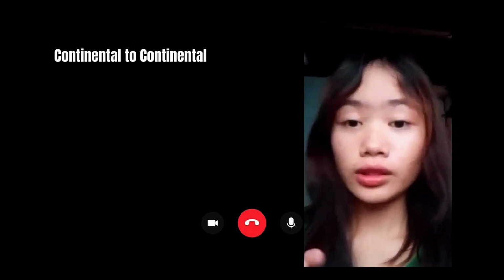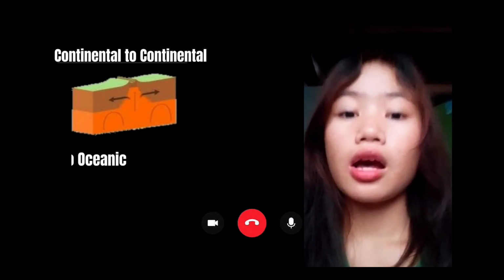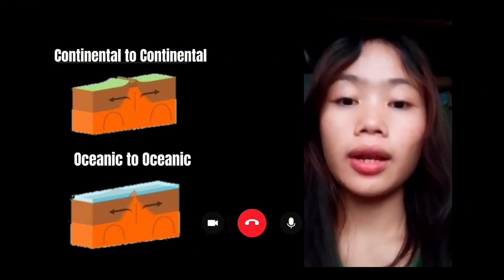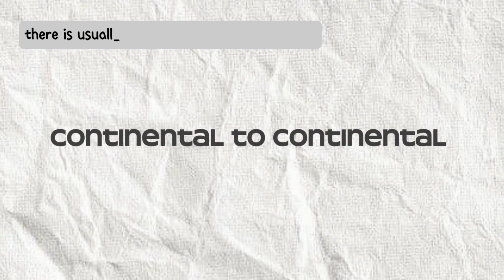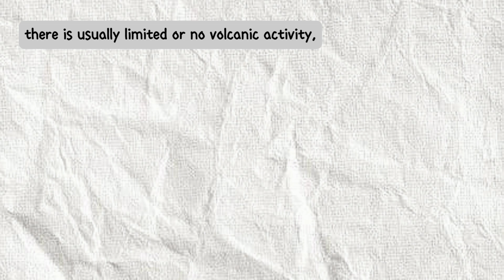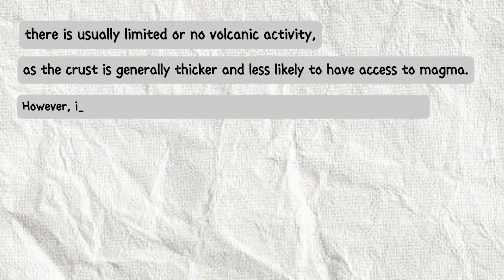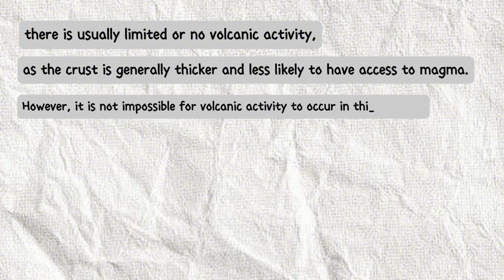Alright, the first one, continental to continental. In a continental to continental divergent boundary, there is usually limited or no volcanic activity, as the crust is generally thicker and less likely to have access to magma. However, it is not impossible for volcanic activity to occur in this scenario.